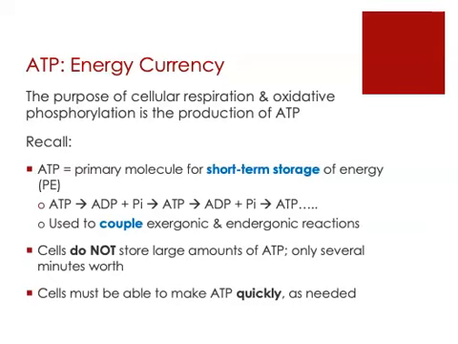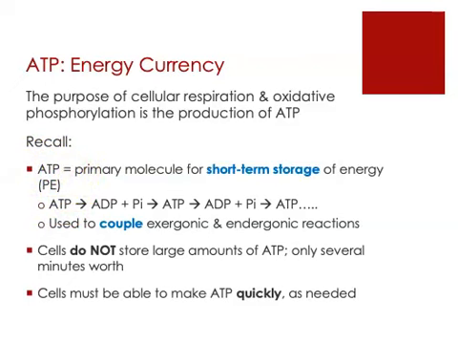Ultimately, all of these long series of reactions are happening in order to produce ATP to meet the energy needs of the cell. Remember, ATP is a middleman molecule. This is a molecule that the cell is going to use for the short-term storage of energy, or what we often refer to as potential energy, or PE.